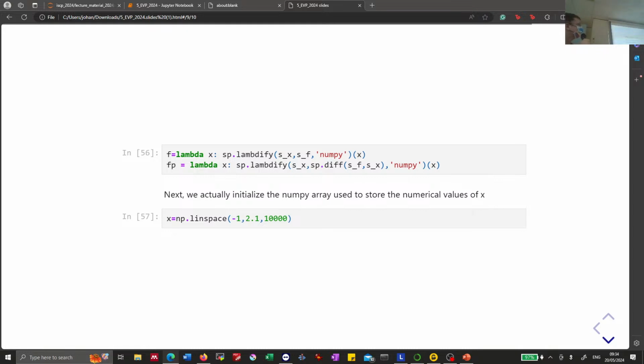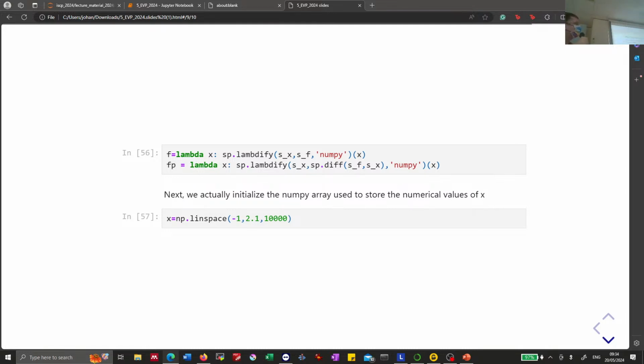spdiff is what? Who can help me? spdiff. The method is doing what? Too long ago, right? spdiff takes the derivative of a function.